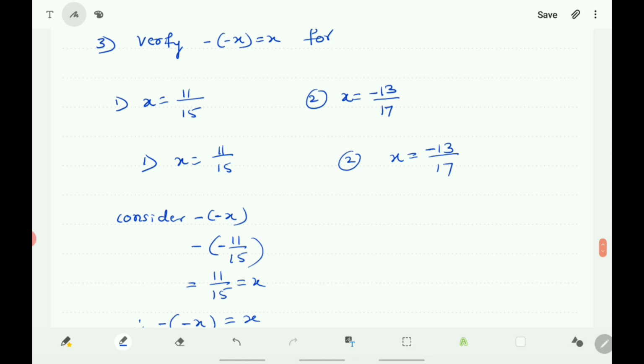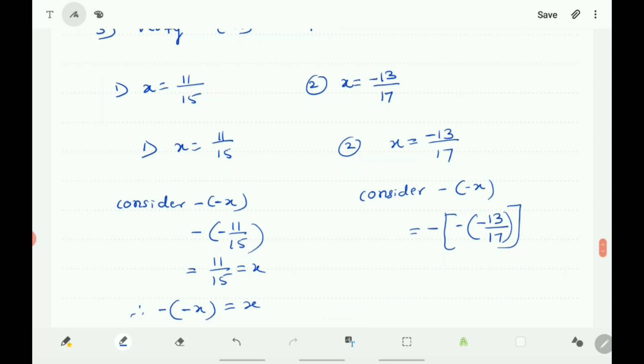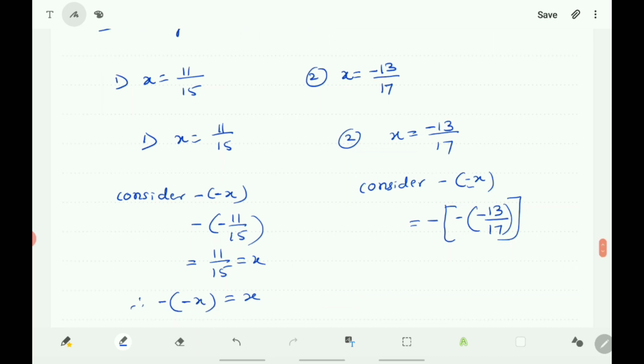Next, the second one, x is equal to minus 13 by 17. Now again you consider minus of minus x. You know that x is minus 13 by 17, so you put the minus and the x value, which is minus 13 by 17.